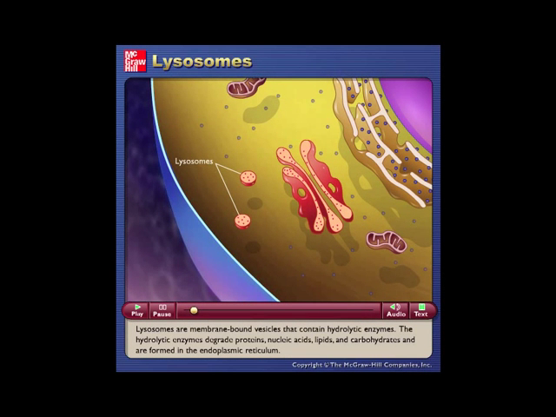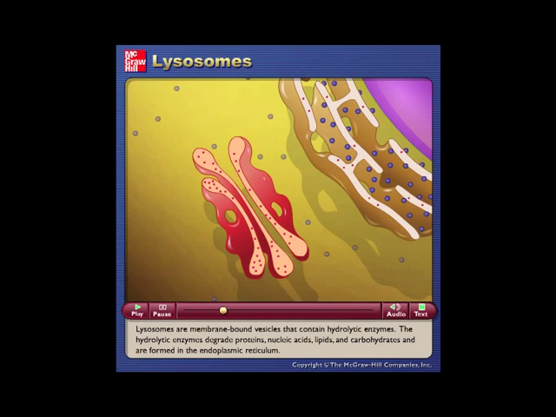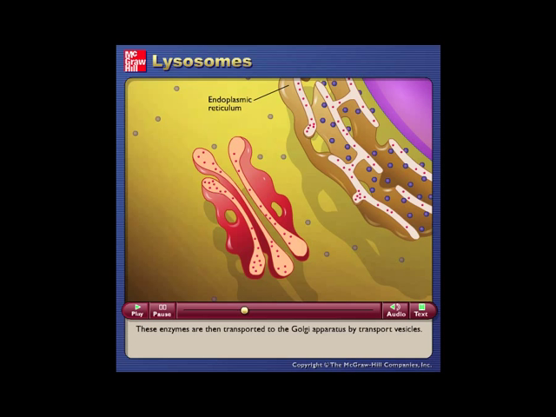Lysosomes are membrane-bound vesicles that contain hydrolytic enzymes. The hydrolytic enzymes degrade proteins, nucleic acids, lipids, and carbohydrates and are formed in the endoplasmic reticulum. These enzymes are then transported to the Golgi apparatus by transport vesicles. The lysosomes arise from the Golgi apparatus.